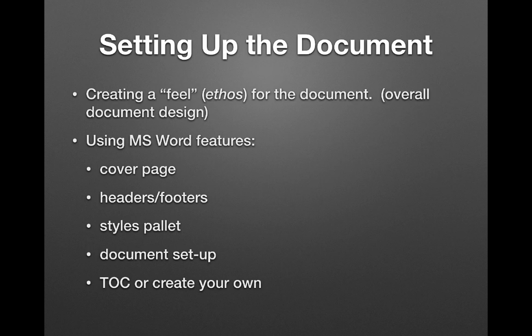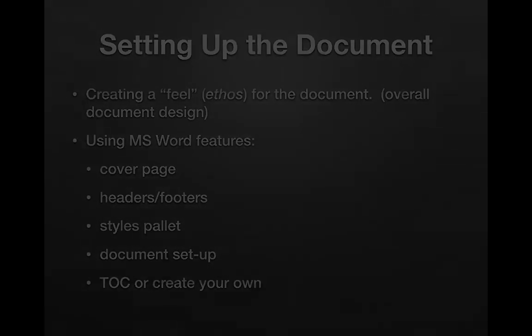It's a very difficult document to write from start to finish, and so it helps to be able to break it up and go at it in sections and in chunks. So let me talk about some of these features in Microsoft Word that we can use in setting up the document and creating an overall feel or ethos through document design.